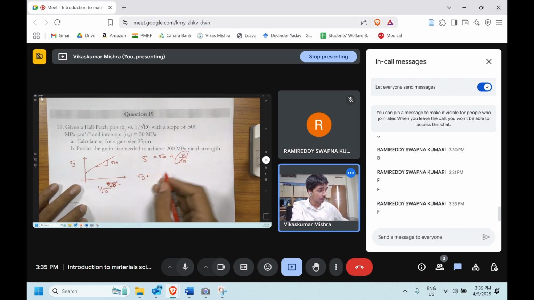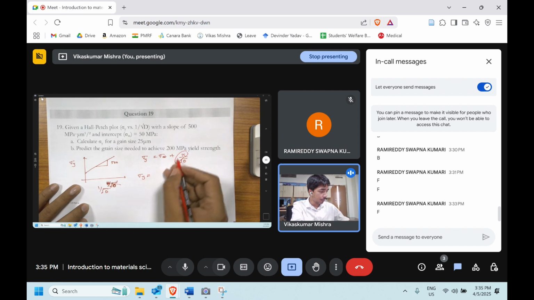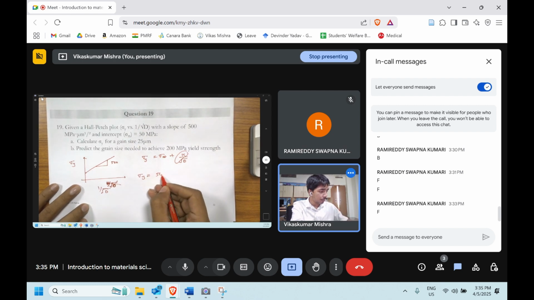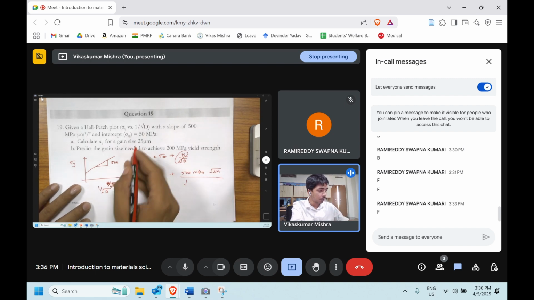If I want to find the yield strength for the grain size 25, I will substitute all the values. Sigma infinity is given to us as 50 MPa plus k, the value given is 500 MPa root micrometer. That's not a problem. We'll substitute the value of the grain size now. The grain size is 25.